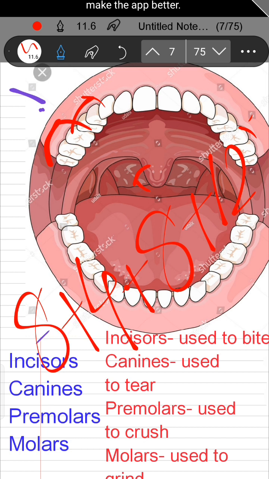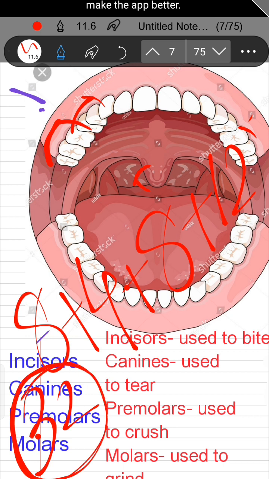So 8 plus 8 plus 4 plus 8 plus 12 equals a total of 32 teeth in the entire mouth of an adult. That is 32 permanent teeth we have in our mouth.